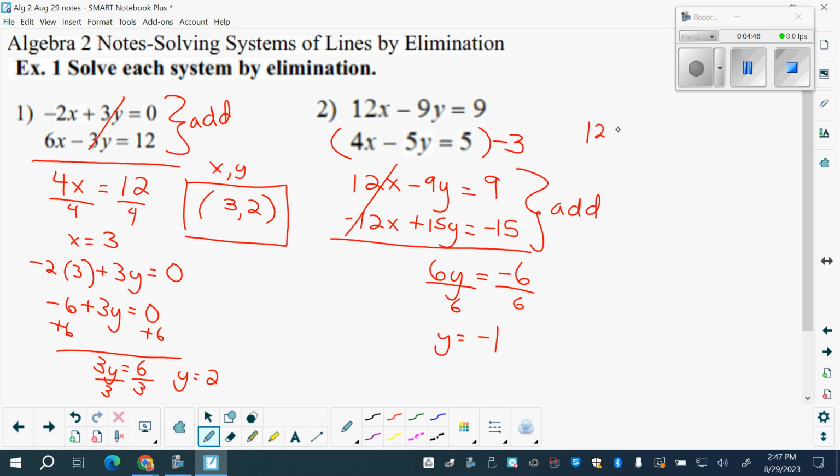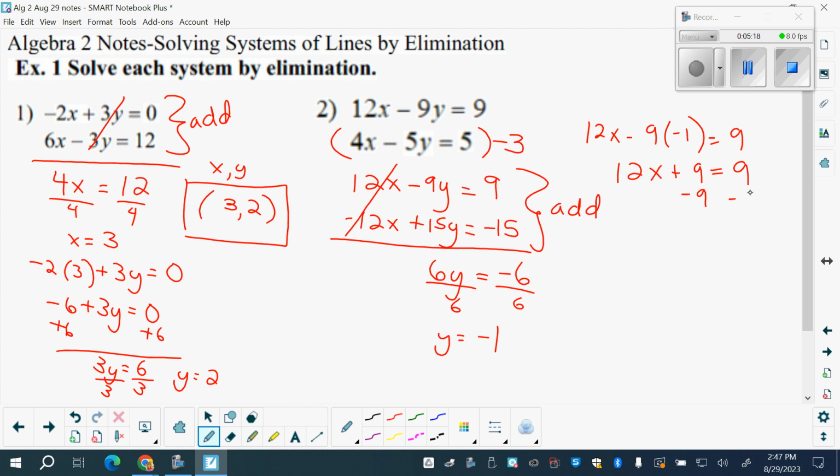So 12x minus 9 times -1 is equal to 9. And then finish that for us, please. 9 and -1. Oh, +9. Yep. And then what's my next step?